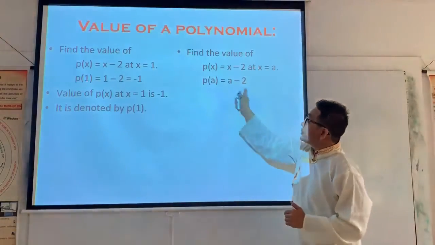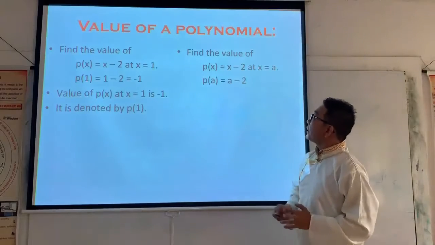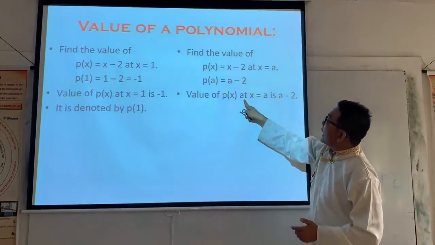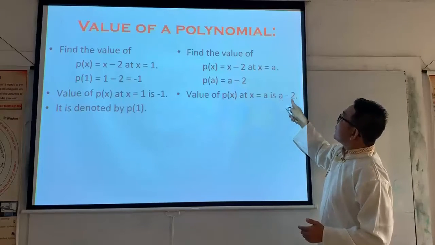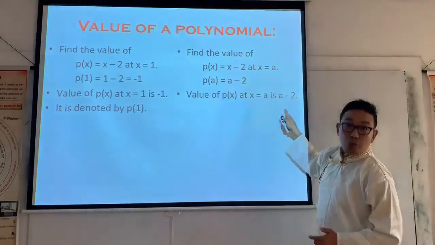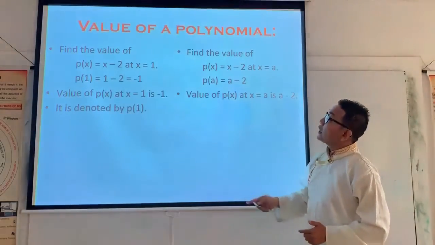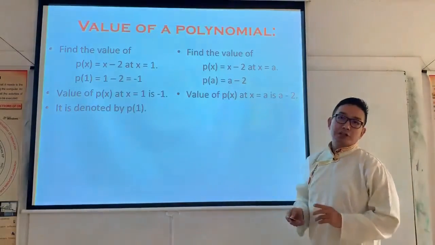Simplifying, the value of this polynomial p of x at x is equal to a is a minus 2.